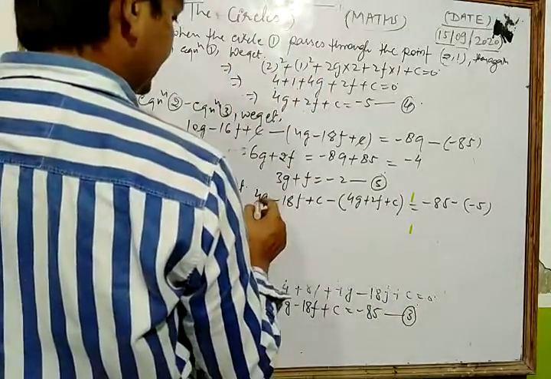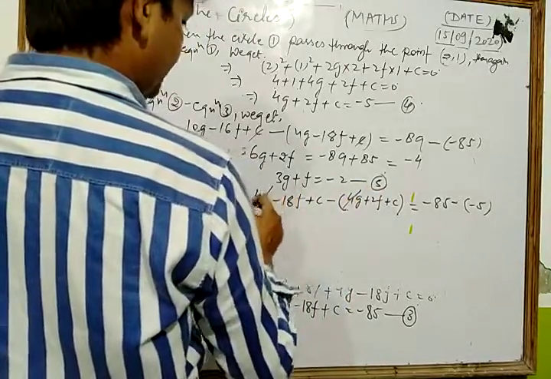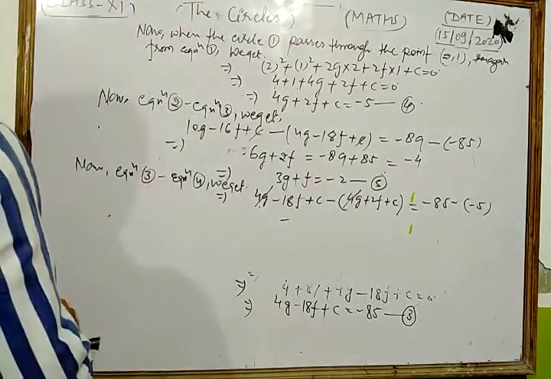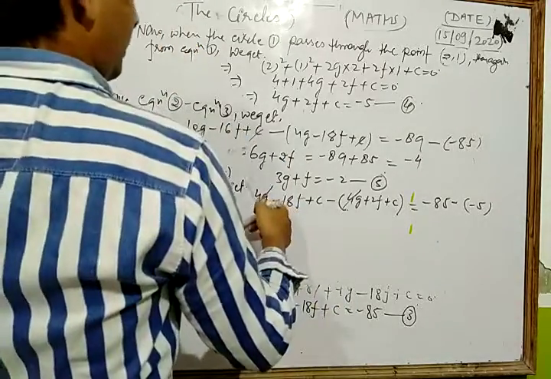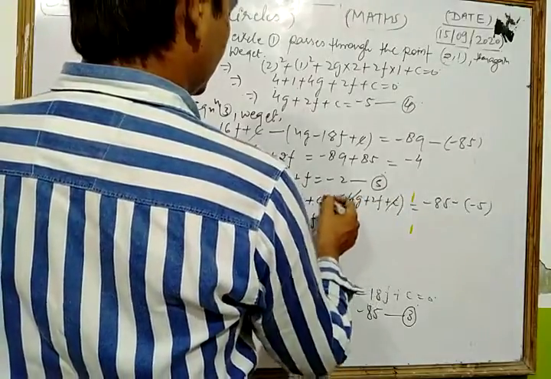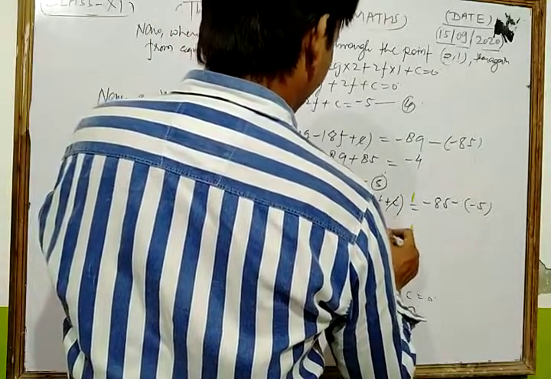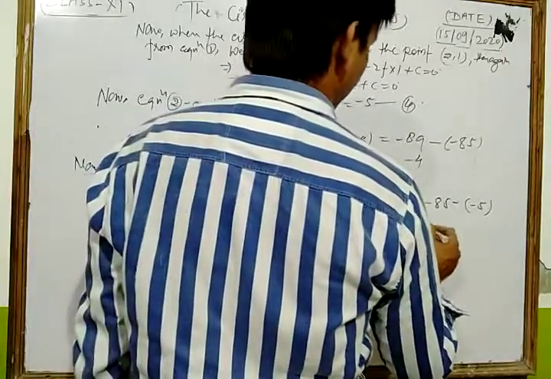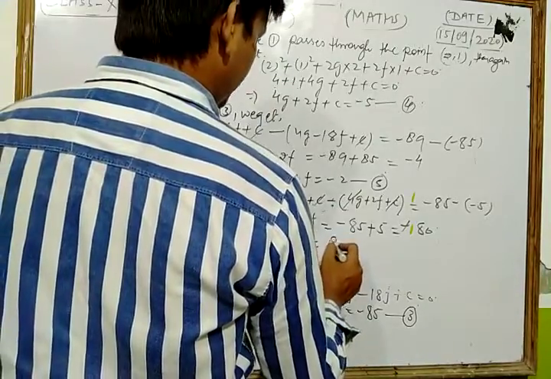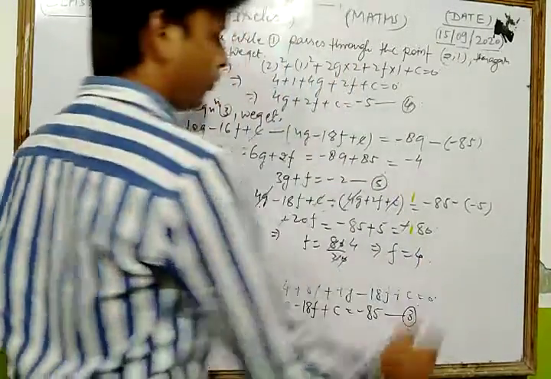When we simplify, 4g minus 4g cancel each other, and minus 18f minus 2f is minus 20f, and plus c minus c cancel each other. On the other side we get minus 85 plus 5, which is minus 80. The minus signs cancel each other, so the value of f is 80 upon 20, which is 4.